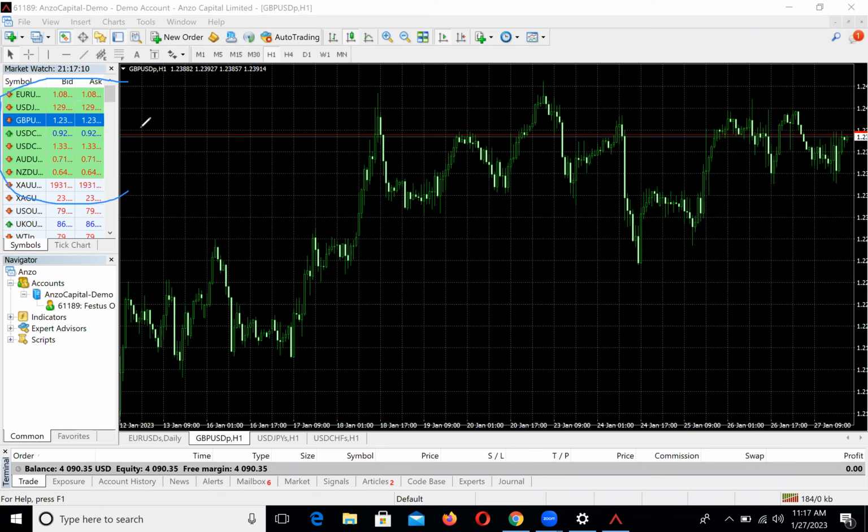Bid, ask. Can you see where I circled down? Yes. All right, these are the currency pairs. This is where you get all the currency pairs. All right, so let's move on.